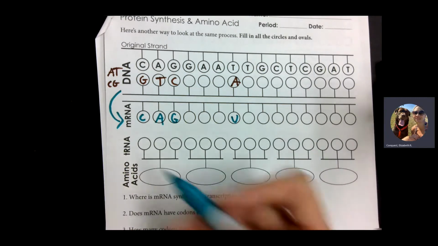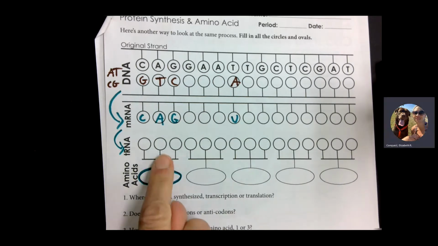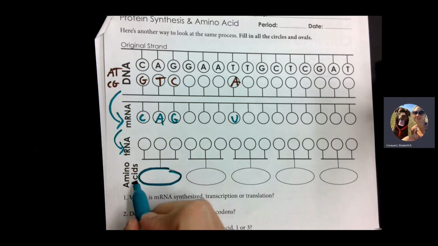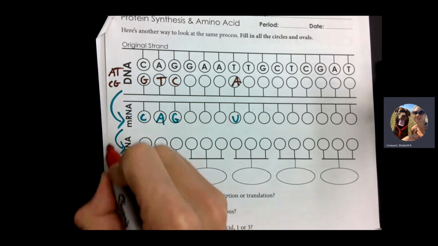All right, now they also ask for the transfer RNA, or the anticodon. Now it looks like this would be the code for my amino acid because it's attached. Don't get confused. This is the anticodon. The name of the amino acid comes from messenger RNA.